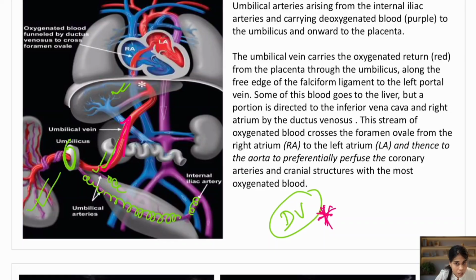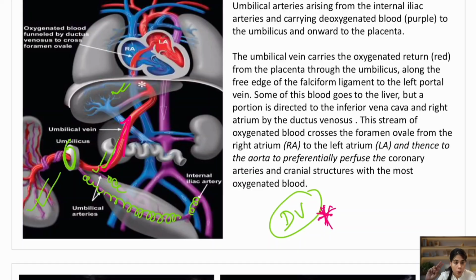and also because of the high velocity the blood goes from the right atria to the left atria via the foramen ovale. This oxygenated blood gets directly to the left atria through the foramen ovale, and then from the left atria to the left ventricle, and from the left ventricle oxygenated blood goes to the fetal brain and myocardium.